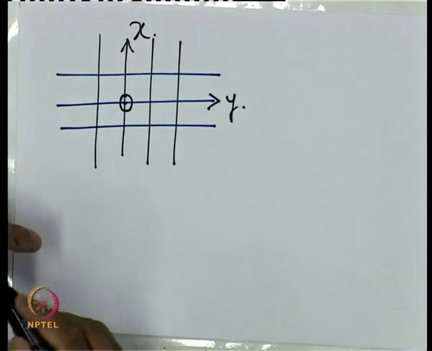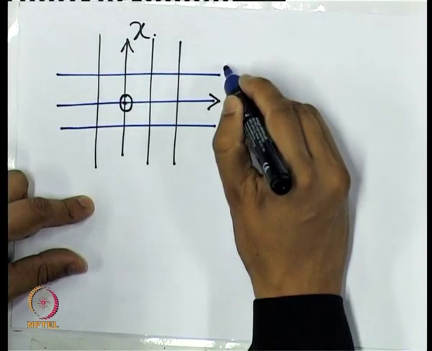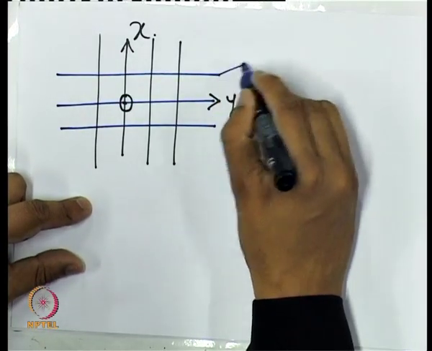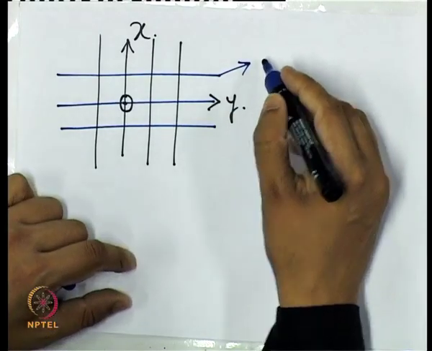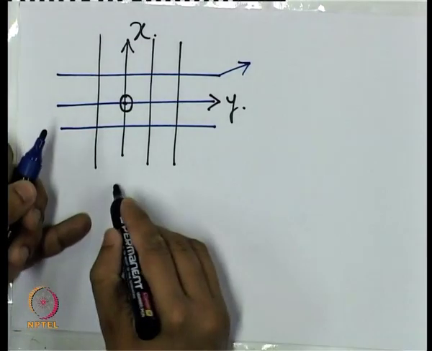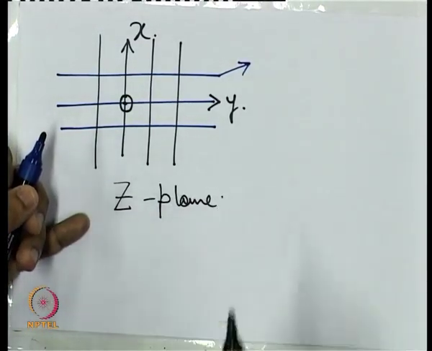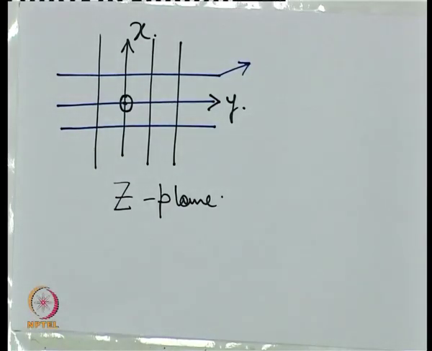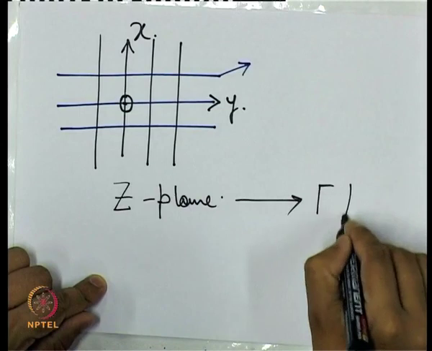Now these blue lines, I hope it is visible, represent constant reactances or constant values of the imaginary component of z. Now this whole plane is the z plane. As I said, this bilinear transformation will convert from the z plane to the gamma plane.